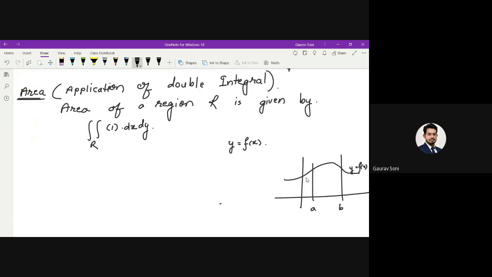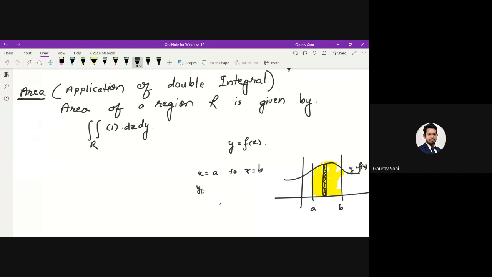Let's take a strip in this. By our double integration study, if I am having a vertical strip, x is running from a to b. So we can see that x is running from a to x equal to b.